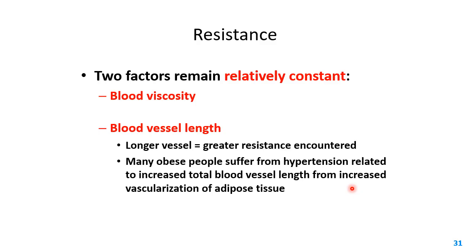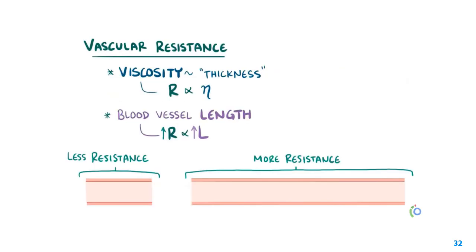And that is overall going to put more resistance to your blood flow. So length of the blood vessel: the longer the blood vessel, the more resistance that you're going to have.